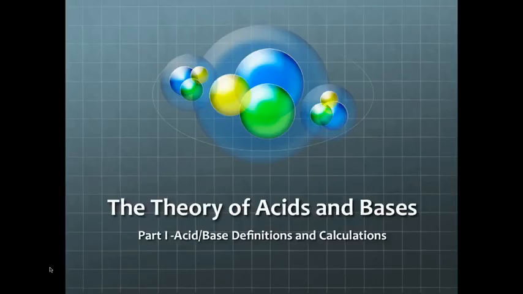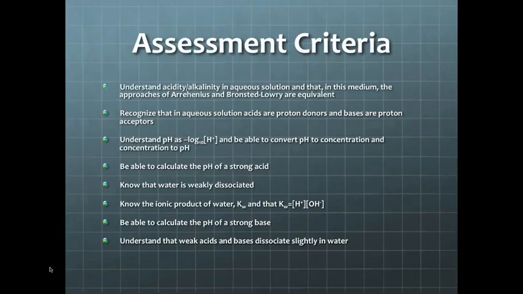Today we'll be looking at the theory of acids and bases, part 1, acid-base definitions and calculations. The assessment criteria that we'll be looking at will be understanding acidity and alkalinity in aqueous solutions and the approaches of Arrhenius and Bronsted-Lowry.